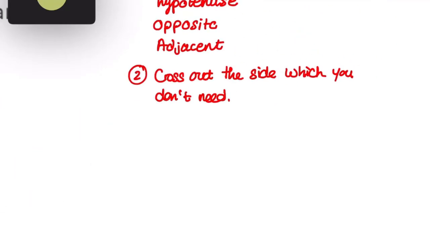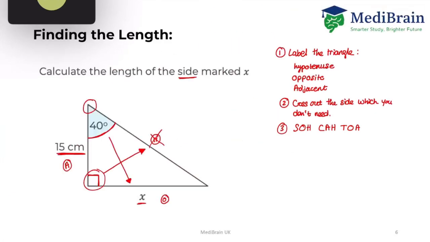Now the third step is going to be SOH CAH TOA. So we're going to draw out our triangles. So we've got SOH, we've got CAH, and we've got TOA.